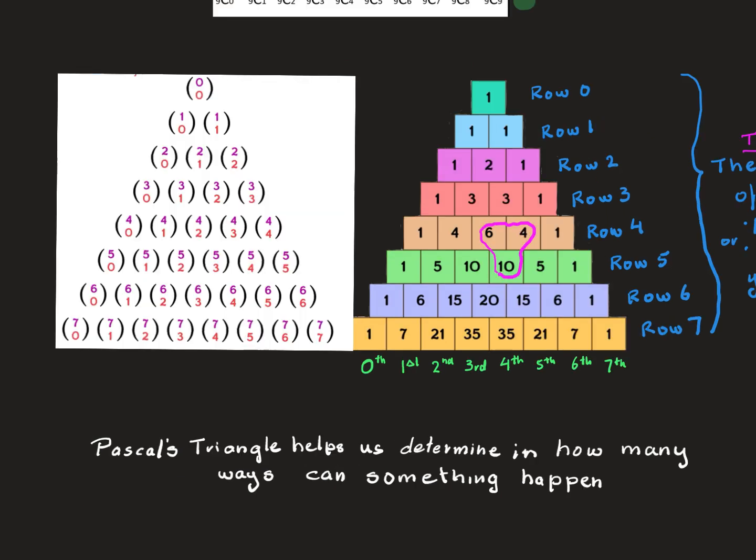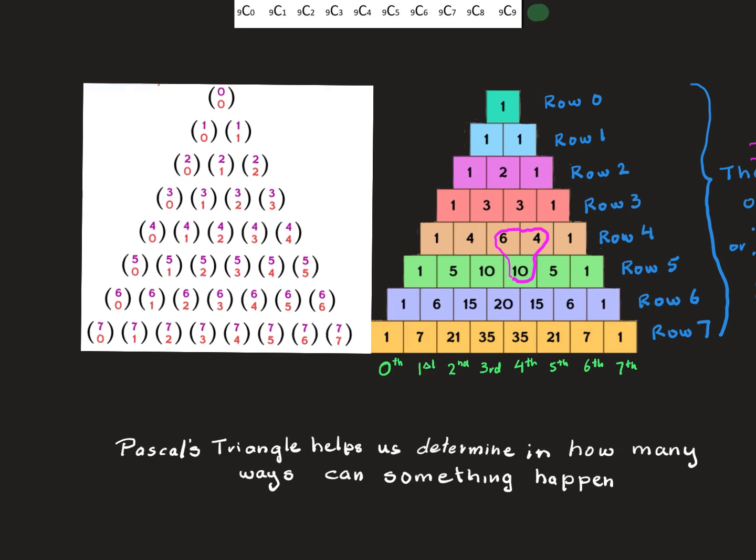Here you can see the Pascal's triangle written in combination form. So you'll notice that the top number refers to the row: row 1, row 2. That's the number that tells you the total number of objects that you have.